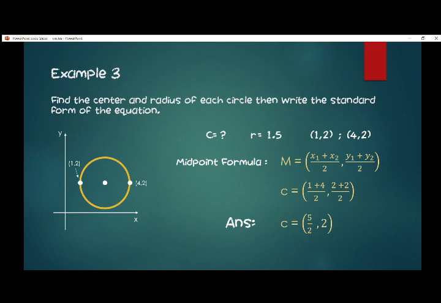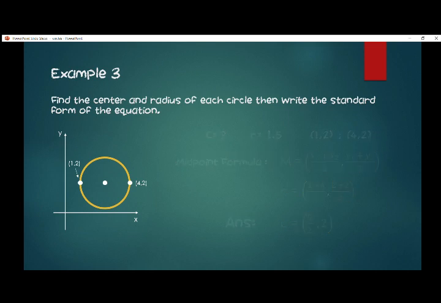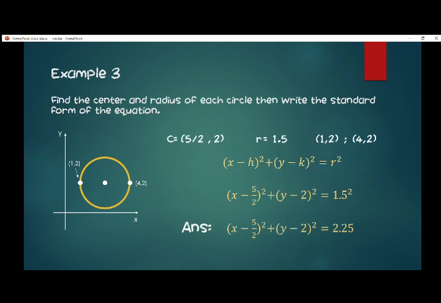Hahanapin naman natin na sunod ang standard equation ng ating given na circle. And ang gagamitin nating formula again is quantity x minus h squared plus quantity y minus k squared equals to r squared. Then, plug in lang natin yung ating values. Ang ating h will be 5 halves and ang ating k will be 2.